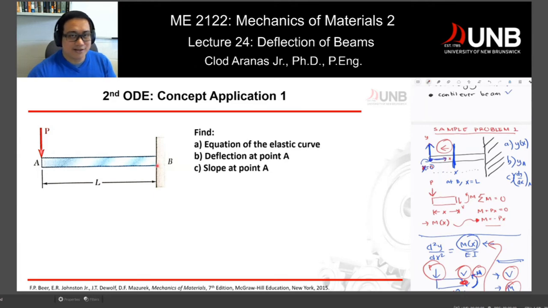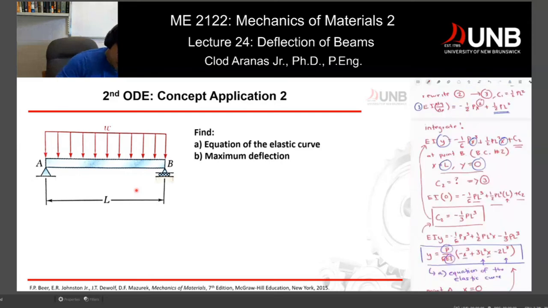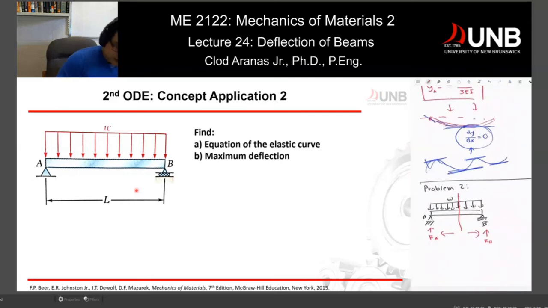That could complicate things, and that's one of the reasons why we picked the left side of our beam in that case. But for this one, when you solve it, picking the left or right side, the complexity should be almost the same. So right now, let's look at this one.